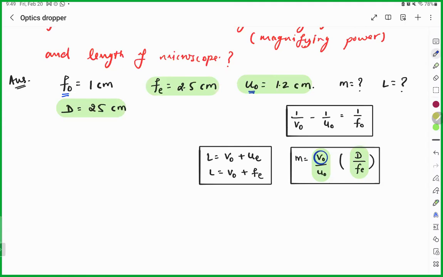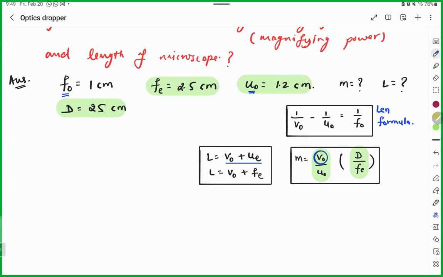So you got the answer, Anvita? Through this you will get the V naught value using the lens formula. Once you get this, you have to calculate the length of the microscope, and the length of the microscope, as we already did, is V naught plus UE.